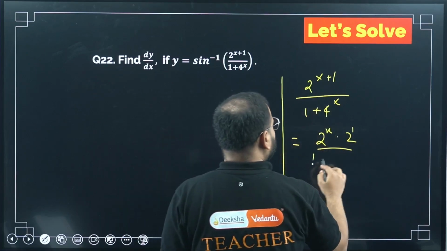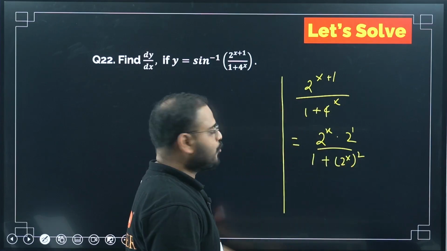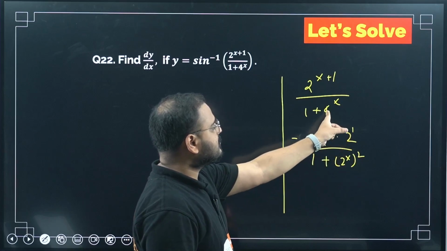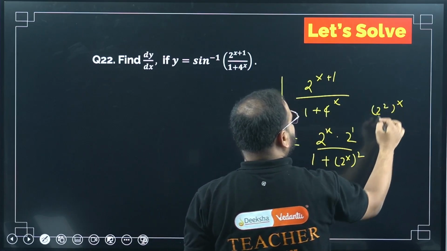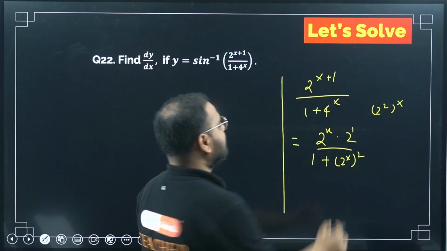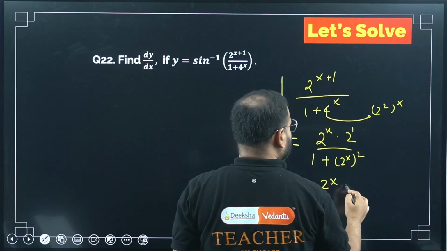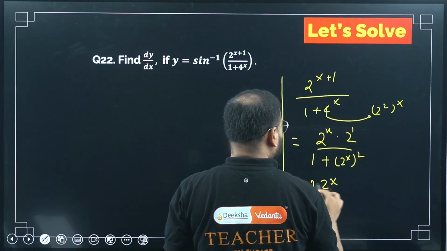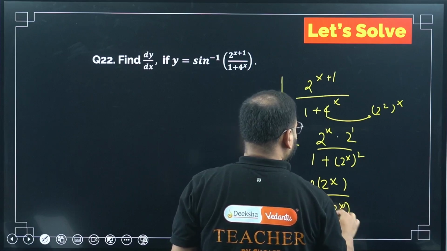And I write this as 1 plus 2 power x the whole square, since 2 power x square is 2 power 2x, which is 4 power x. I can bring this x inside the power. So this will become 2 times 2 power x upon 1 plus 2 power x the whole square.